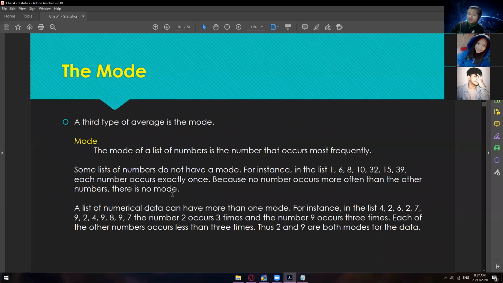Okay, so moving on, we have the mode. This is the last one for central tendency, or rather, those are the first 3 basic topics under central tendency.